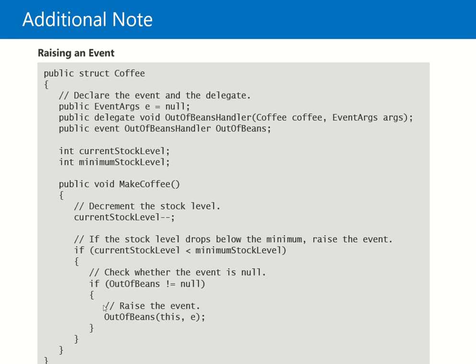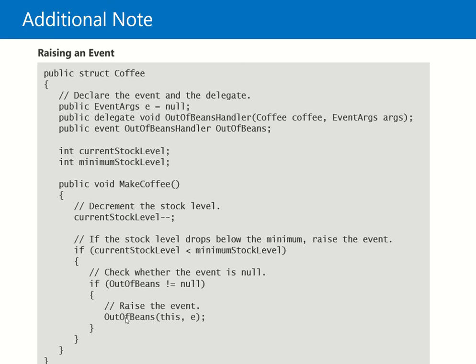This is what the check is for. If out of beans is not null, it means there is an event handler subscribed to handle this event. Then you can call the event.